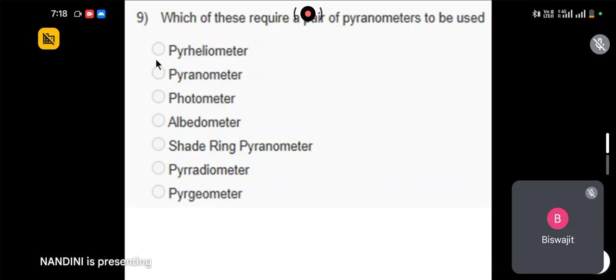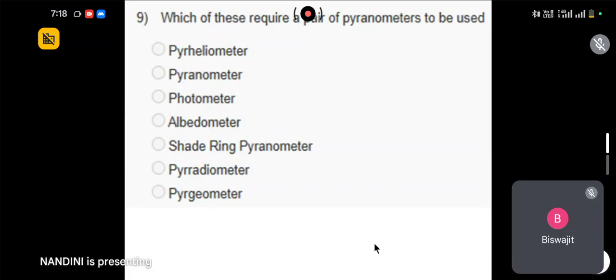Which of these require a pair of pyranometers to be used? So what is a pyranometer? Pyranometer measures the global shortwave flux, right?